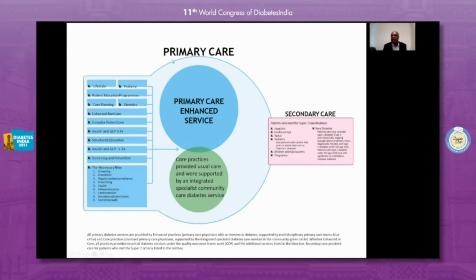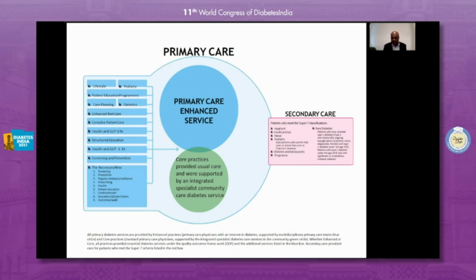Those who were interested in diabetes, who had an enhanced service provided to their patients, and those who were not interested in diabetes and they only provided core service. Now, these practices were supported by diabetes specialists from specialist centers to provide a similar standard care across the whole city. And these practices implemented locally developed pathways based on the guidelines.